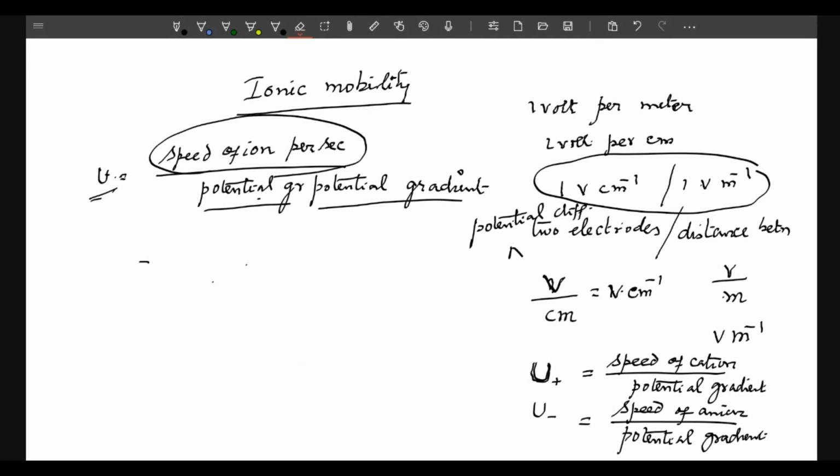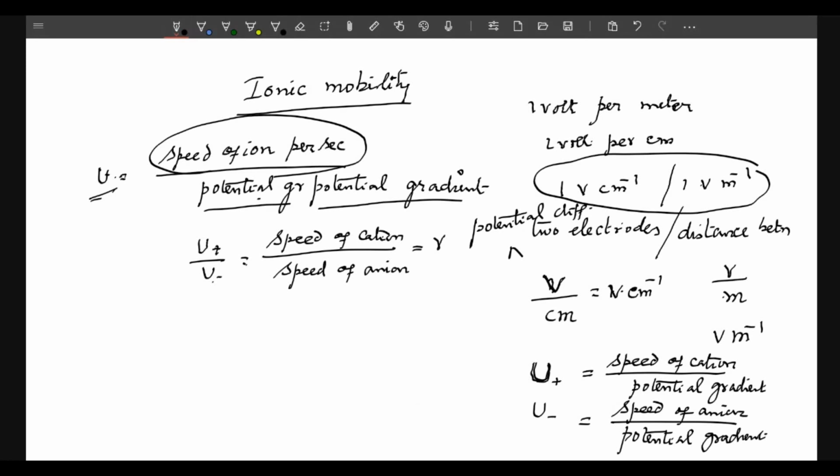Is equal to the speed of the cation by the speed of the anion. We call it R, the ratio of the speed of the cation by the speed of the anion.